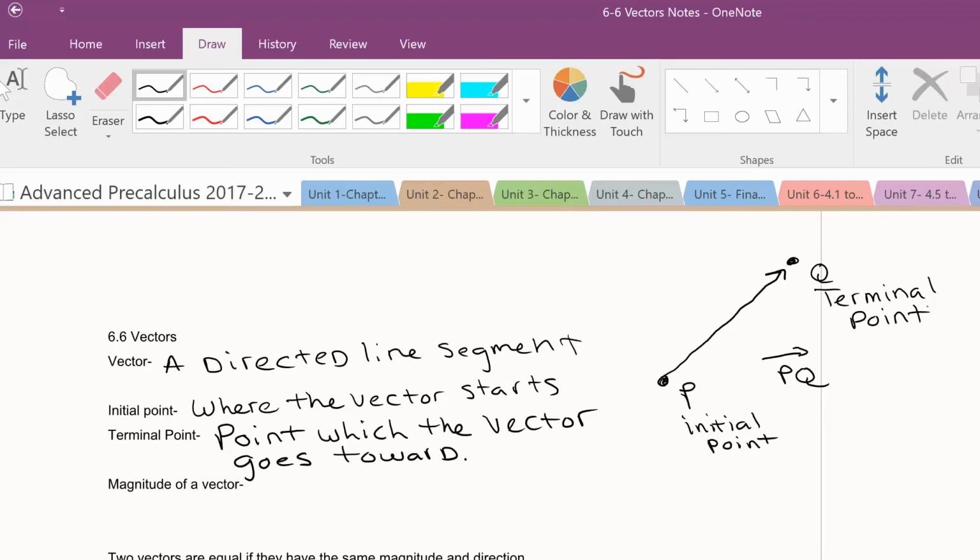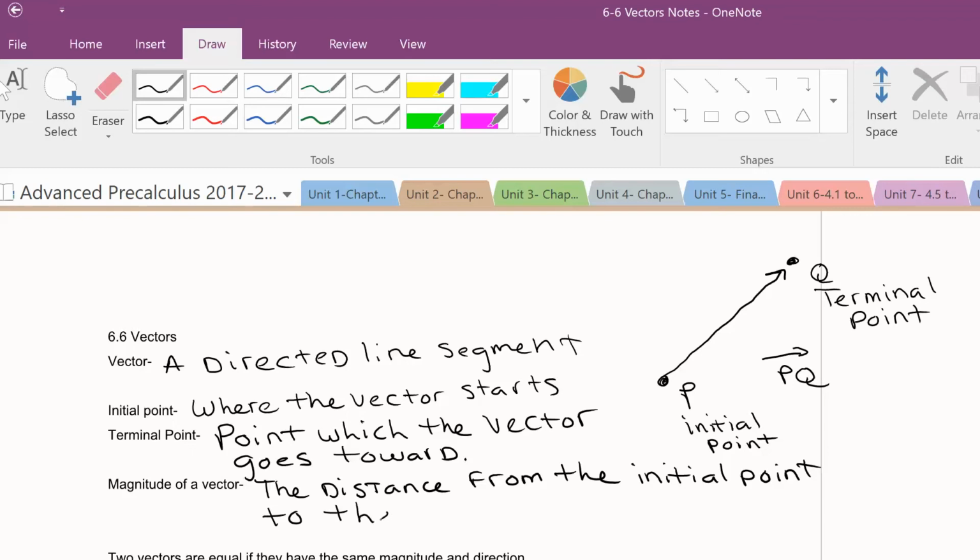The magnitude of the vector is the distance from the initial point to the terminal point.